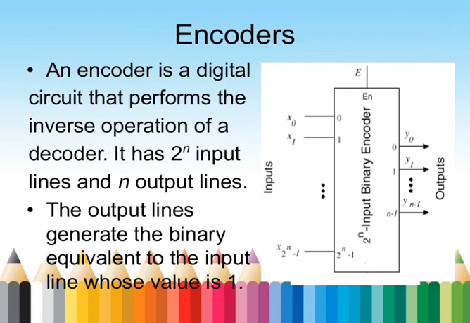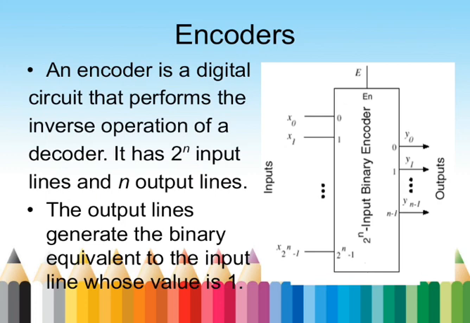The encoder also has an enable signal in order to activate the encoded outputs. So from the given combinational block diagram, the encoder circuit has 2 power n input lines, from 0 to 2 power n minus 1, and n output lines, from 0 to n minus 1.